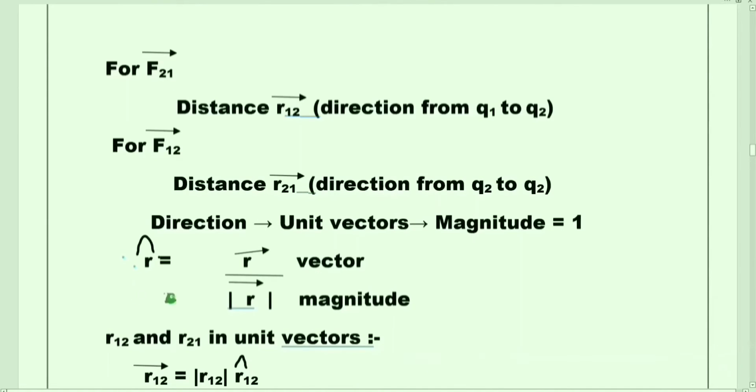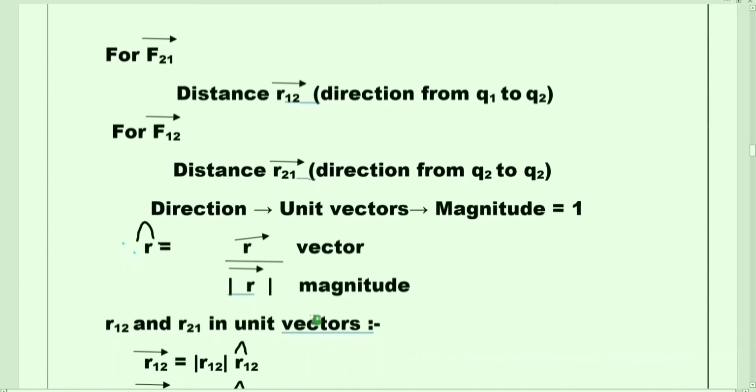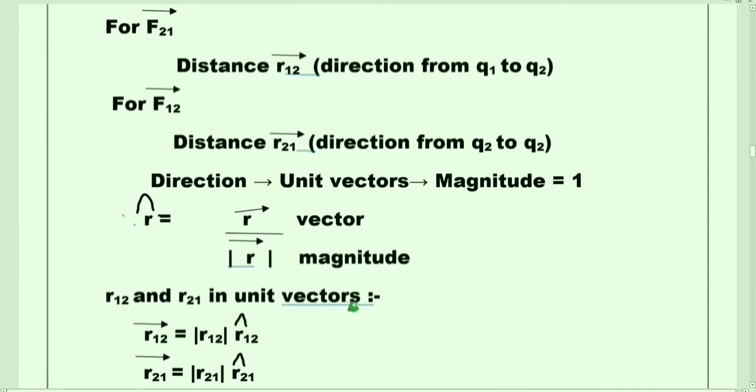If we divide by magnitude, we get direction. That is, R unit is equal to R vector by R magnitude. Okay, now we are going to write R12 vector and R21 vector in terms of unit vectors.